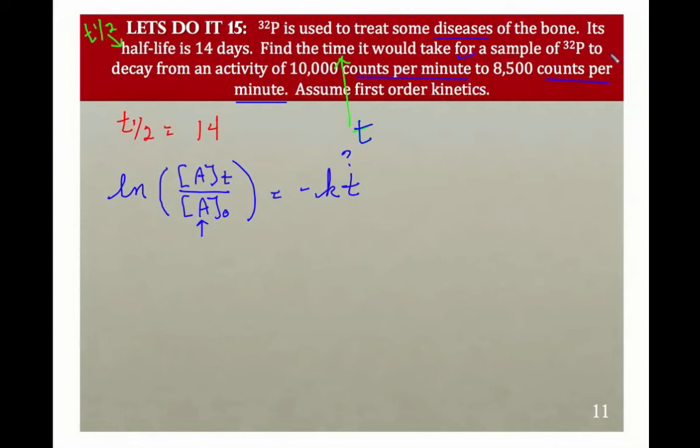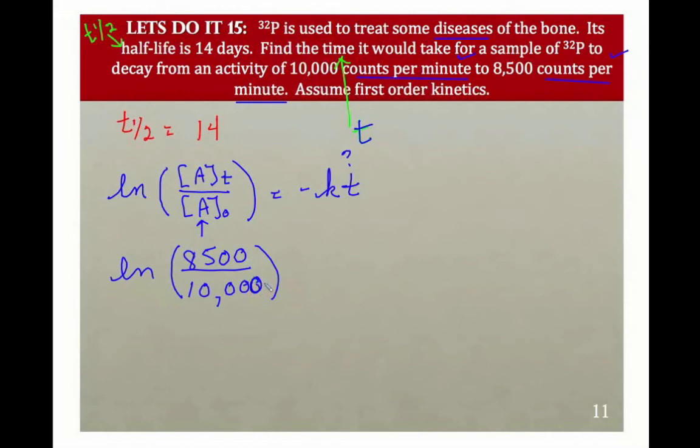Now, anything we would do to convert this would cancel anything we converted with that. So we can effectively use any way of marking the amount of that substance. So I'm going to go ahead and plug that in. I've got natural log of A at time t, which is 8,500, over A naught, which was 10,000.